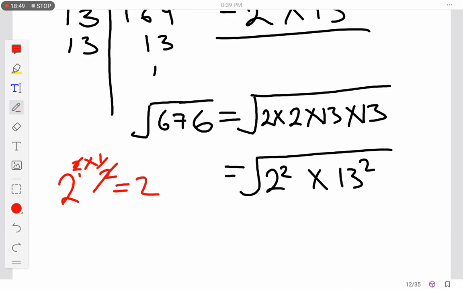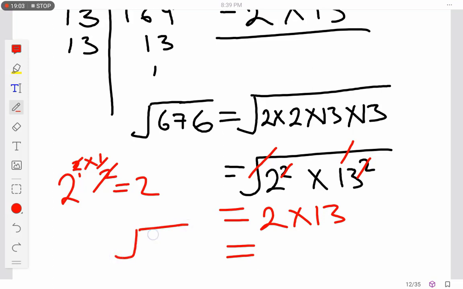Okay. So at the end of the day, I will cancel off this square root and this. I'll also cancel this square root and this. And our answer will be a 2 times a 13. So it means square root of 676 is going to be 2 times 13. That's a 26. Like that.